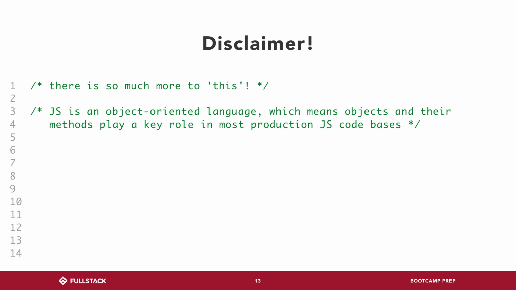So there is a lot more to the this keyword. JavaScript is an object-oriented language, which means almost everything inside the language is built as objects, which is why you've seen wonky stuff with the type of array. And that's why strings can be accessed by a key. That index, that i, is actually a key because the string is actually an object under the hood.